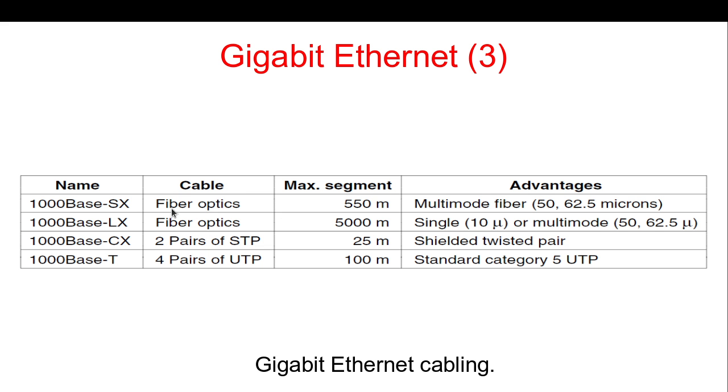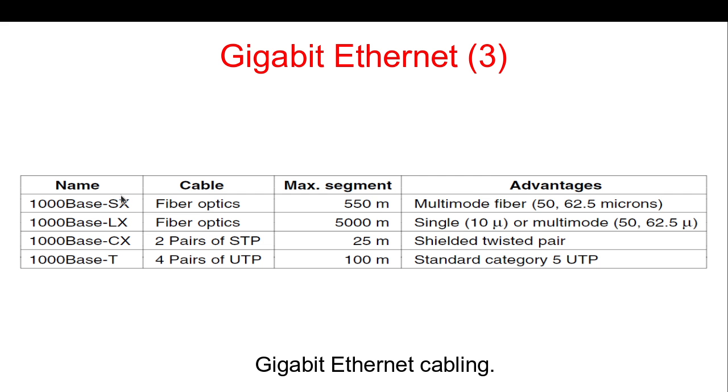Now, based on cabling technology, once again, as we have just seen in fast Ethernet, there are some technologies used in Gigabit Ethernet cabling. So 1000 base SX and LX are both fiber optics, where SX runs for 50 meters and LX runs for 5 kilometers, the maximum segment length.